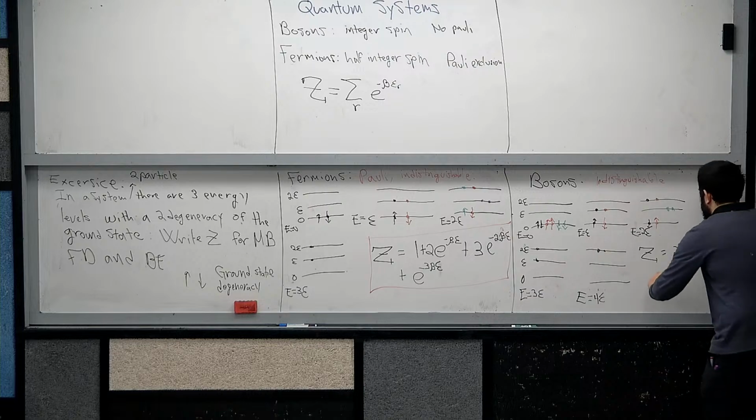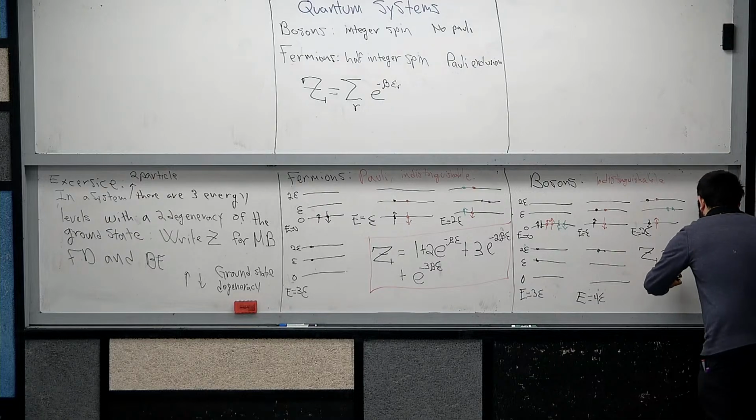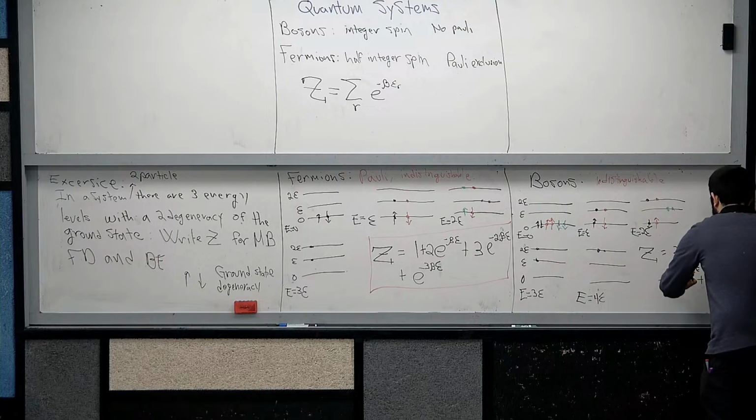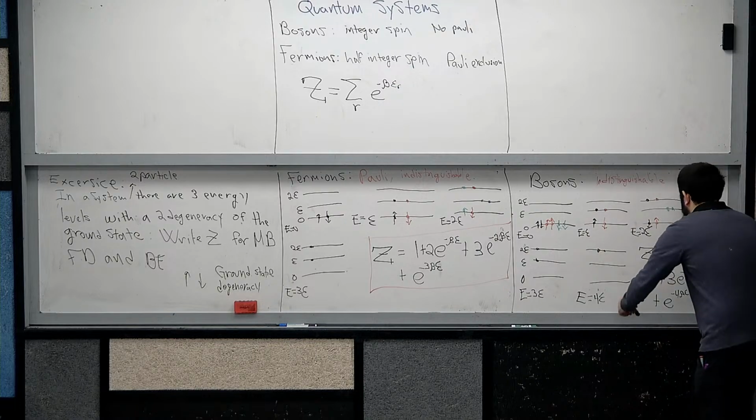Then 3 e to the power minus 2 epsilon beta. Then e to the power minus 3 beta epsilon. And finally e to the power minus 4 epsilon beta.